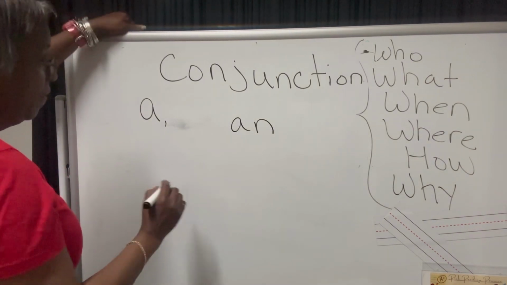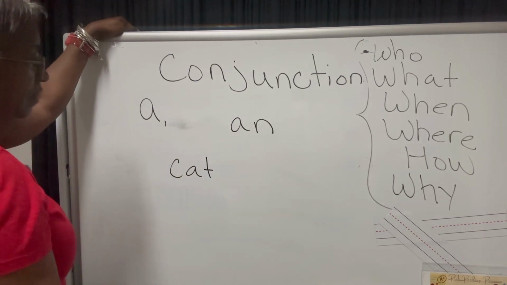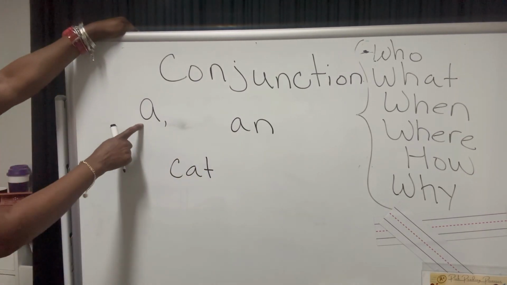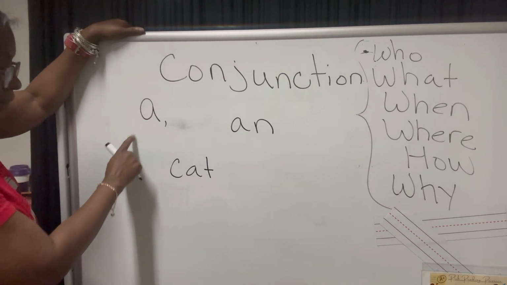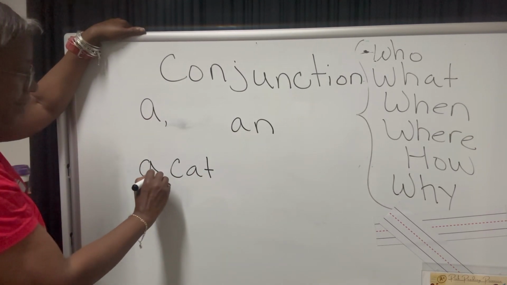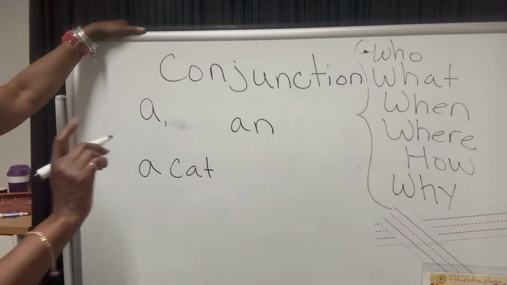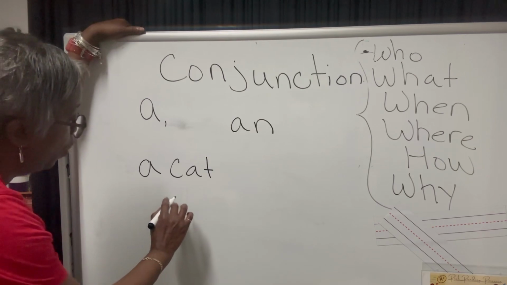So if I had the word cat, I would use the article a. I wouldn't say an cat, I would say a cat. But if I use the word hour, pay attention to this. This is important.